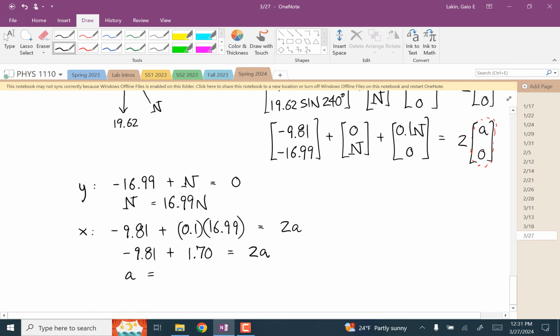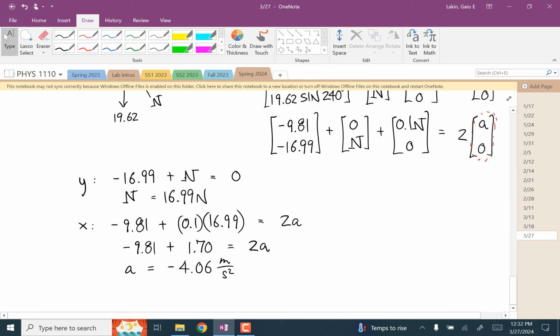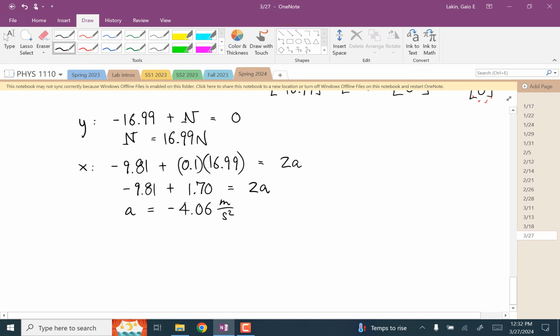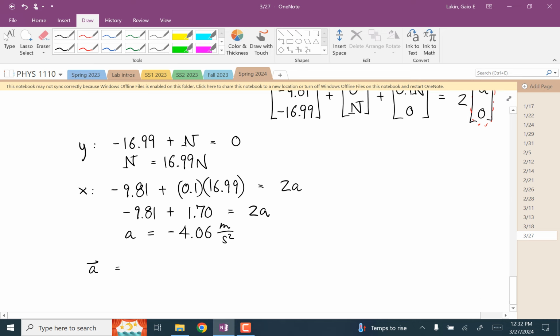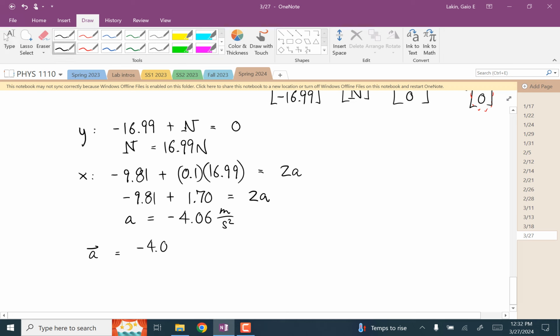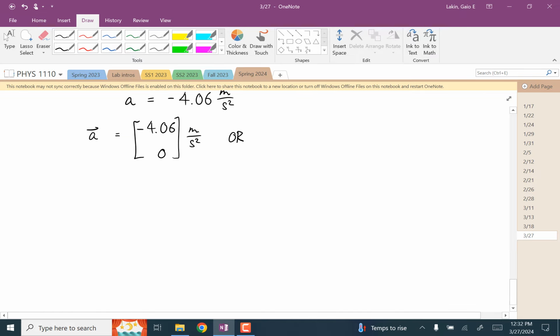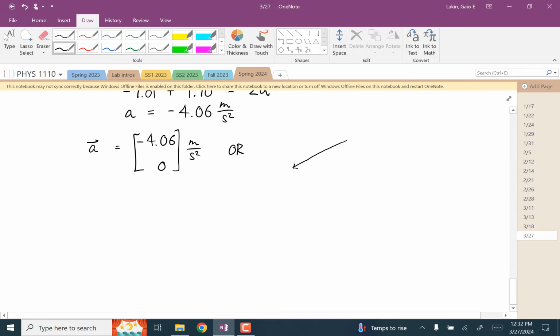And so a comes out to be negative 4.06 meters per second squared. Now plug that a value back into the vector, and you get negative 4.06, 0. Or if you want to visualize that direction, it's in the negative x direction. So it's this way with a magnitude of 4.06.